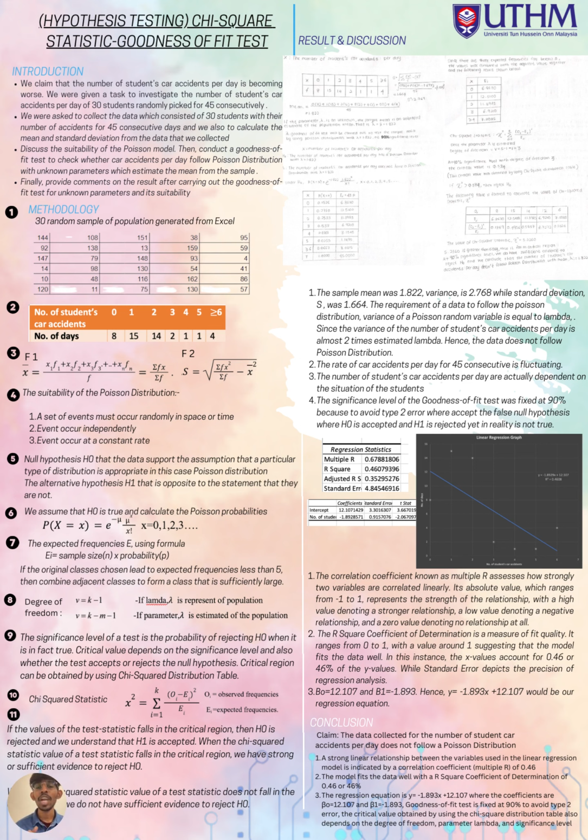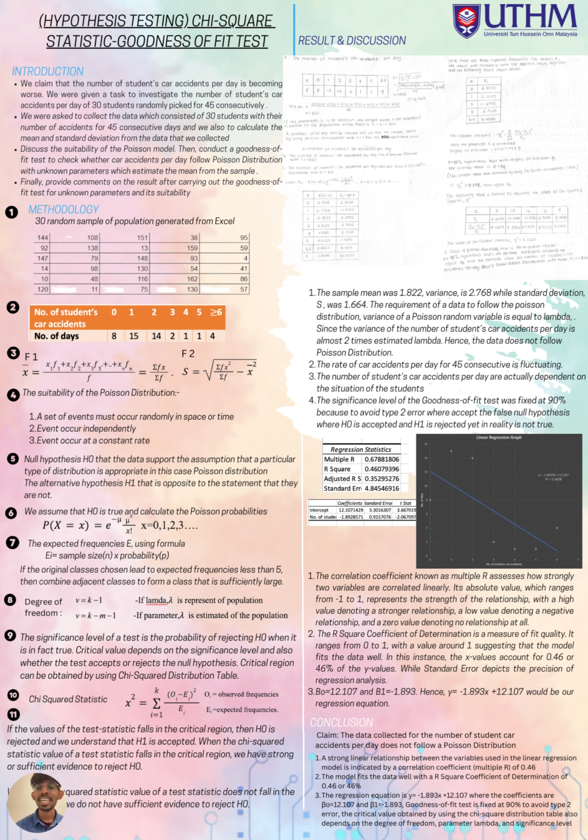Next, we look at the significance level of the goodness of fit test, where we fix it at 90% to avoid type 2 error, where we accept the false null hypothesis, where H0 is accepted and H1 is rejected, yet in reality it is not true. In order to prevent any false claim from happening as far as possible, the significance level is fixed at 90%.